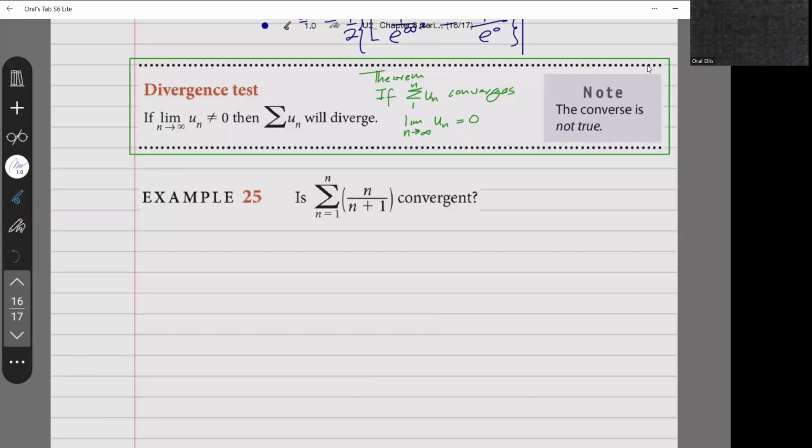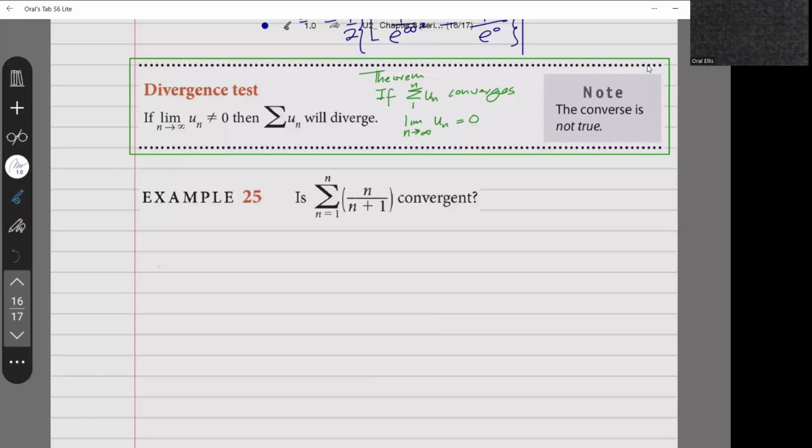Now, the divergency test is going to answer a question of convergence. We're going to apply the divergence test to show that this is divergent. And if this series is divergent, it means that it is not convergent. So let's apply the divergence test.